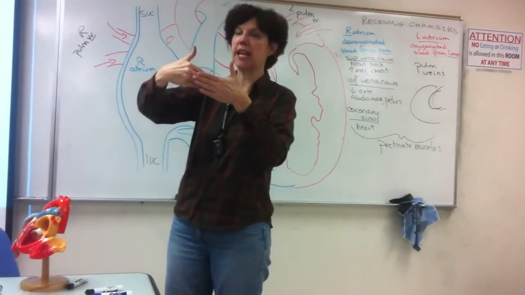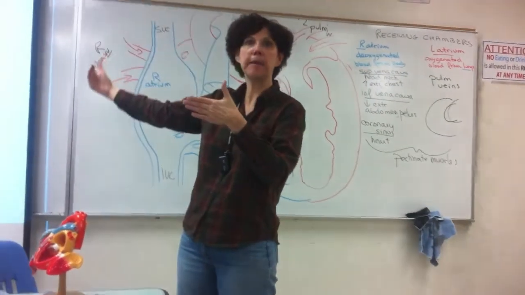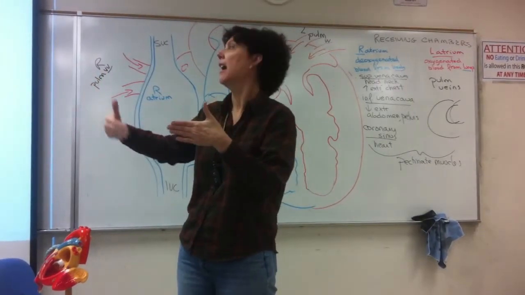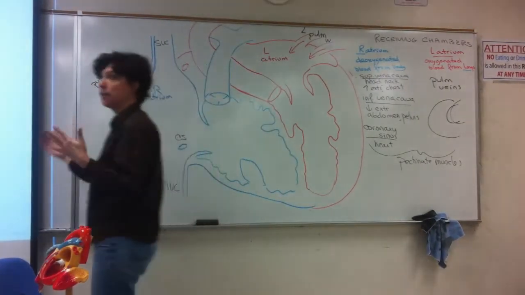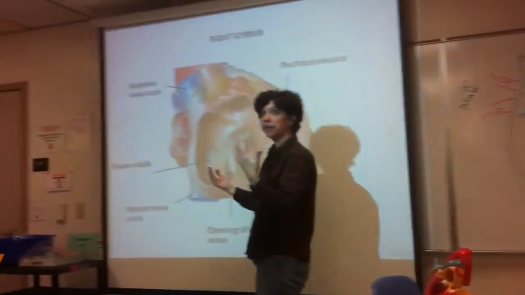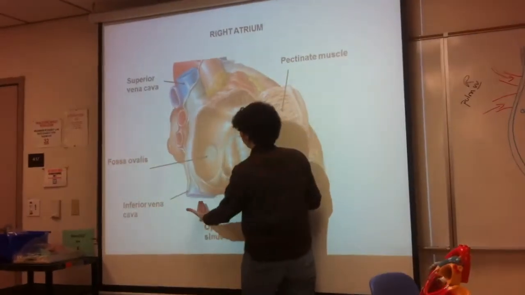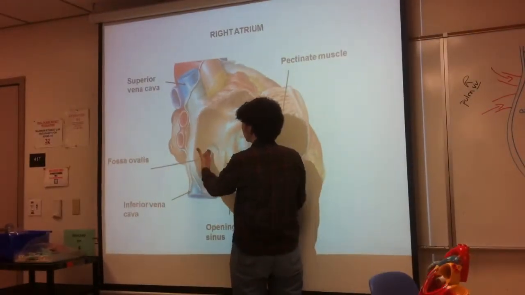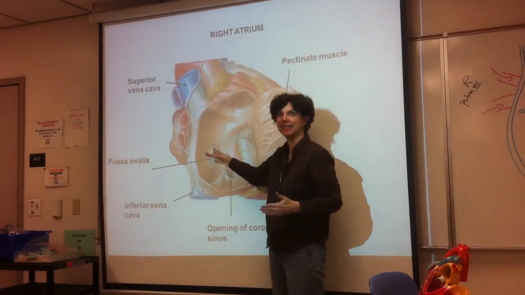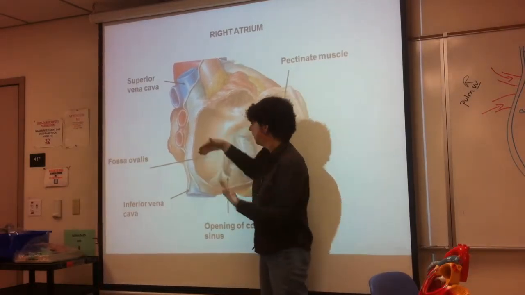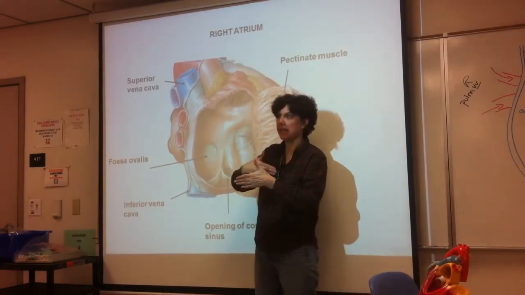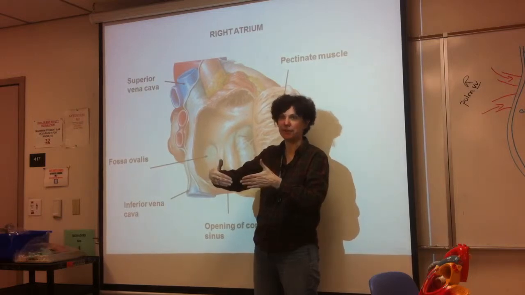All right, and then as blood flows from the fetal liver to the heart, it's mostly oxygenated because it's come from the placenta, and it comes in the inferior vena cava at an angle that most of it hits that and opens this inner flap and allows blood to go into the left atrium.